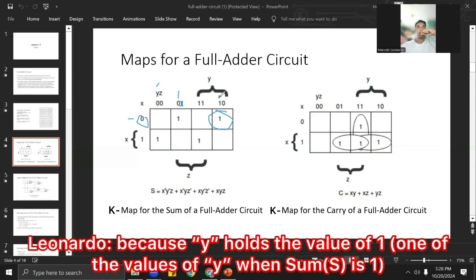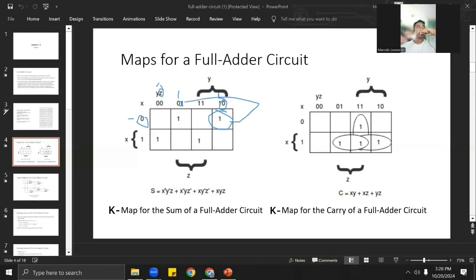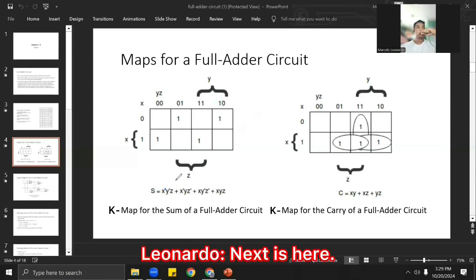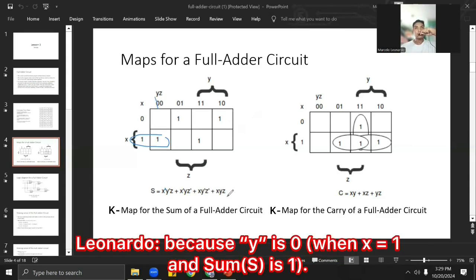Kasi siya yung nag-hold ng 1, then z not, siya yung 0. Then x, y not, z not, 0 siya.